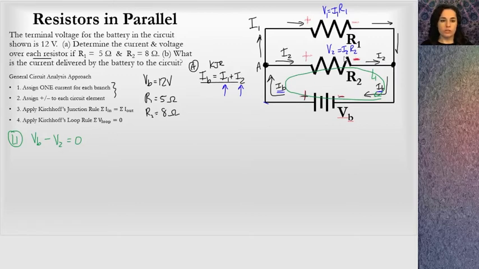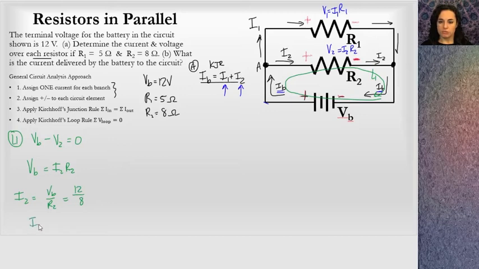That's all that's going on in that loop. And I also wrote down what I know about V2. V2 is I2 R2. So I can write V across the battery equals I2 R2. And it seems like I can solve for I2 right away. I2 equals the voltage across the battery divided by R2. The voltage across the battery is 12 volts and R2 is 8.